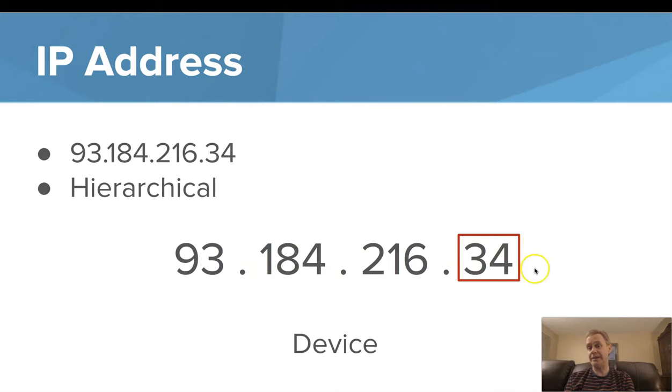The very last number here would represent the actual device that's located in this sub-subnetwork, the actual device located on the internet. So again, it's an IP address that represents exactly where a device is located on the internet.